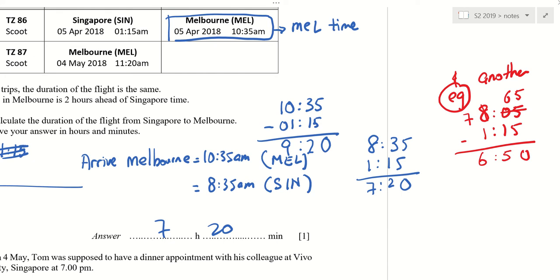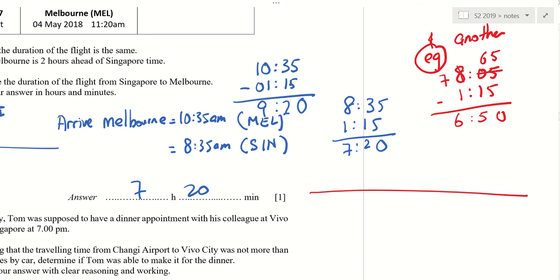Can you use this method? Yes, because it's a 1 mark question. Those who are not sure, can you use the timeline? Also can. Do you want me to show you the timeline? For example, now is 10:35. So 11:35, 12:35, 1, no, it's not 13 already. It's midnight.